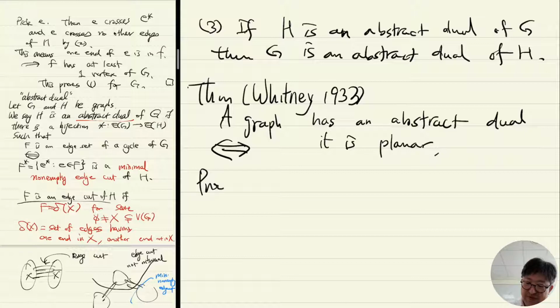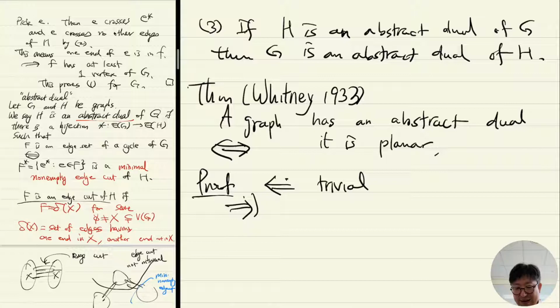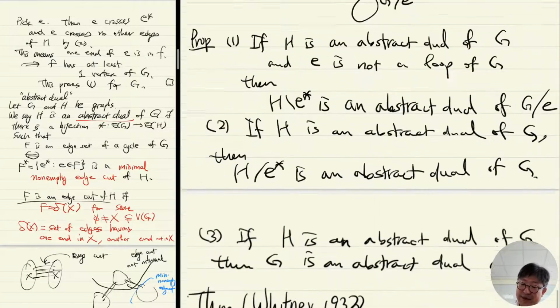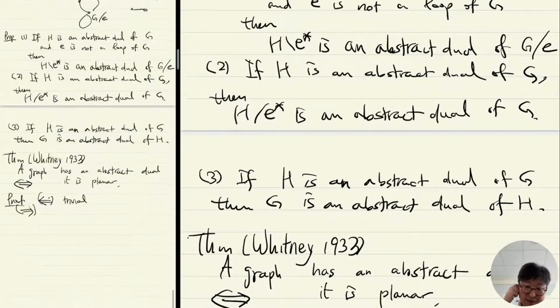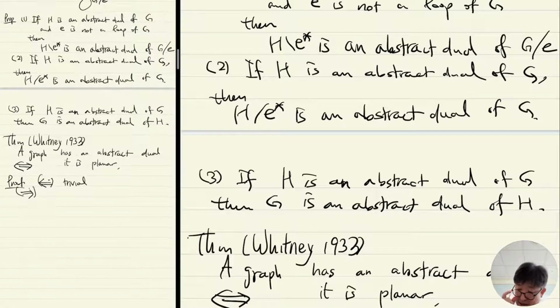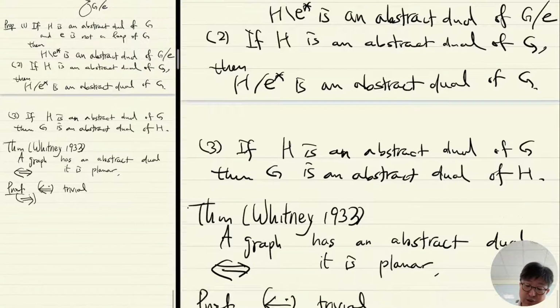How do we prove? One direction is trivial. What about the forward direction? If it's non-planar, I have a K5 or K33 minor, and by these two propositions, if we have an abstract dual, then every minor has an abstract dual.